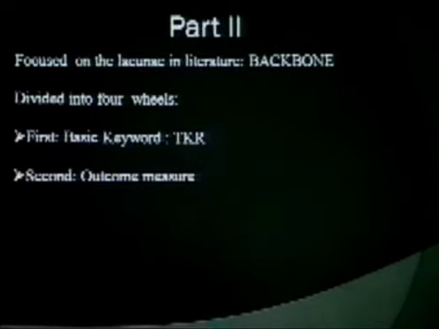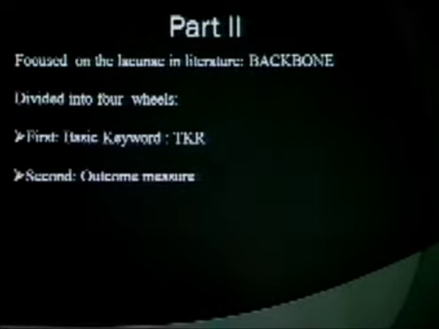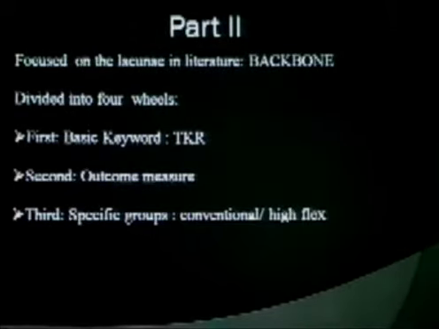Generally the protocol followed is the PICO protocol: population, intervention, control and outcome measure. But for thesis writing, we take the broadest one, the population first, and club it with the outcome measure. So both the population and the outcome measure are clubbed together, and then we go to specifics.